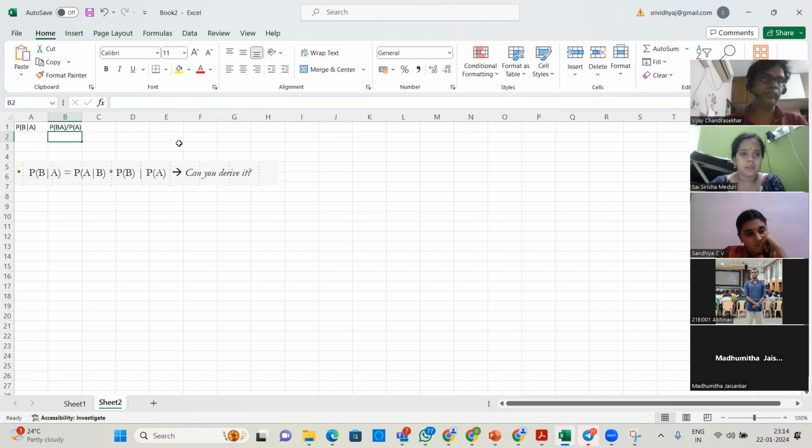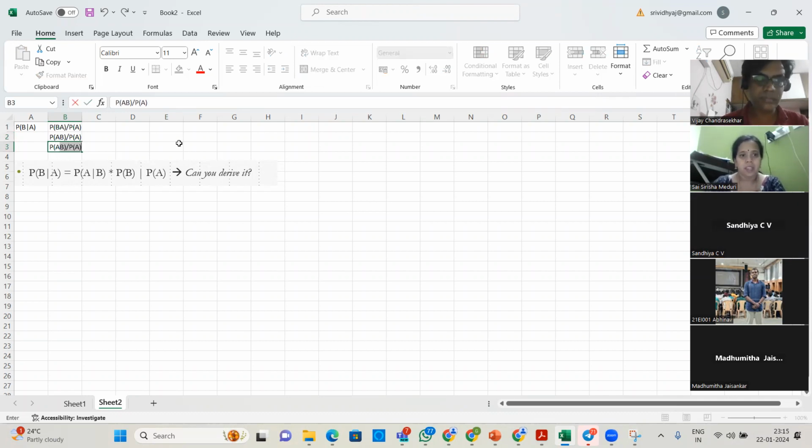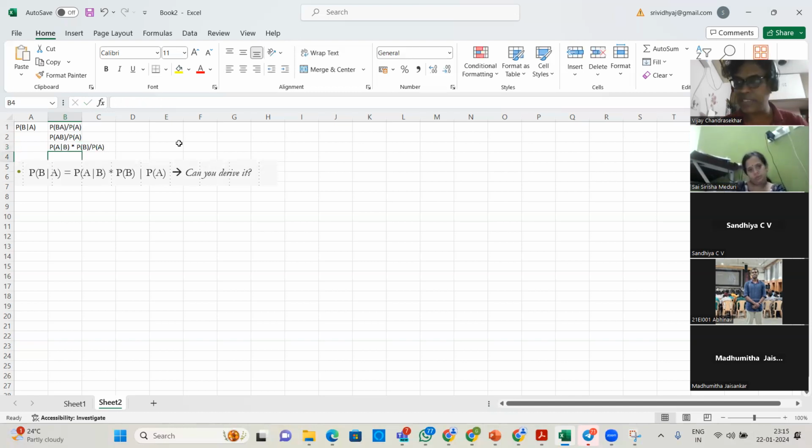Probability of B intersection A can be written as probability of A given B, yeah, we'll start with A intersection B. Probability of A intersection B is probability of A given B into probability of B, divided by probability of A. Absolutely. Now that's your Bayes theorem, as simple as that.